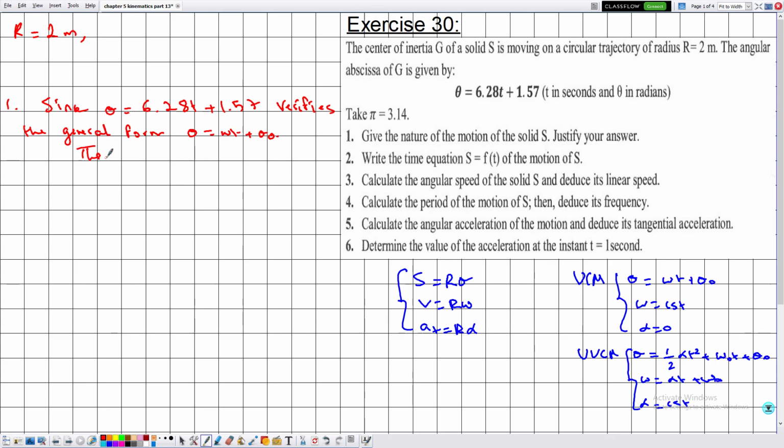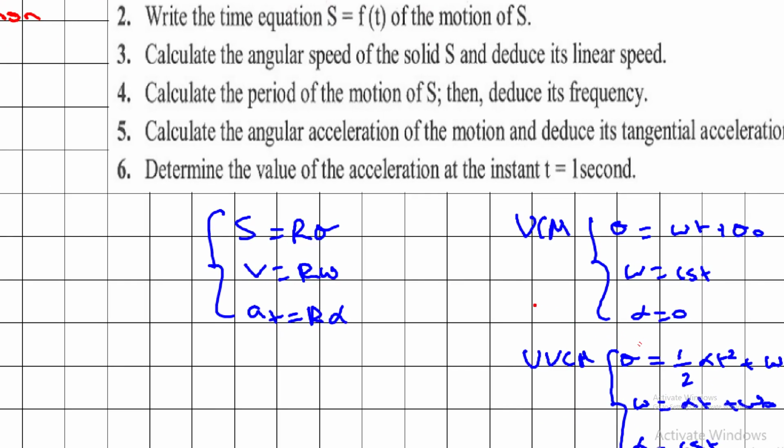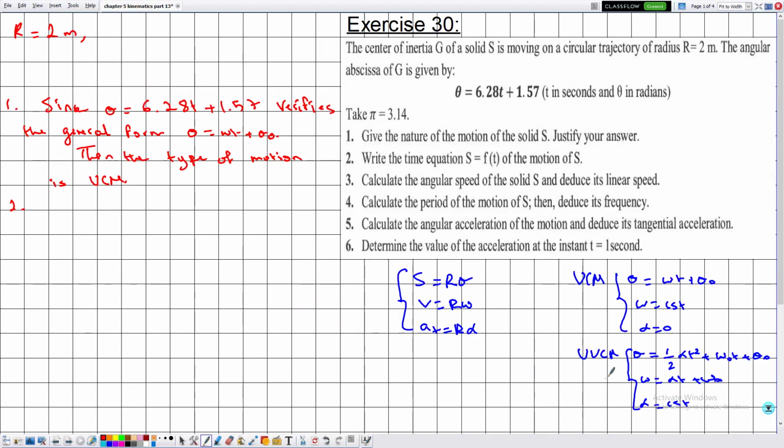Then the type of motion is UCM. So no need for the other equations in this exercise.